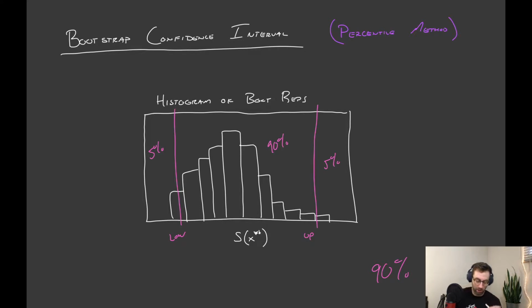And that is actually really easy to do in R with the quantile function. Since this method is so computationally based, we're going to go ahead and get into R and have a look.